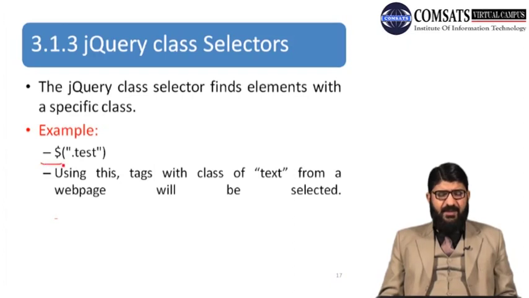The $ sign is used to mention jQuery, and then .test. Here this .test is used to identify the class. So the class will be identified. Using this, all the tags which have the test class for that particular web page will be selected accordingly.